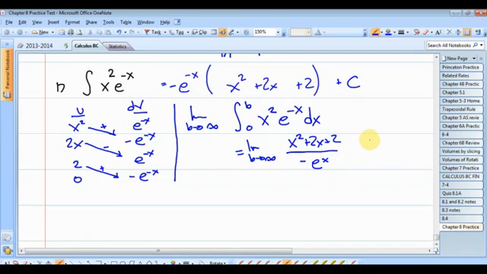Gosh, I think that's going to be a lot easier for us if we do it that way, right? From 0 to b.